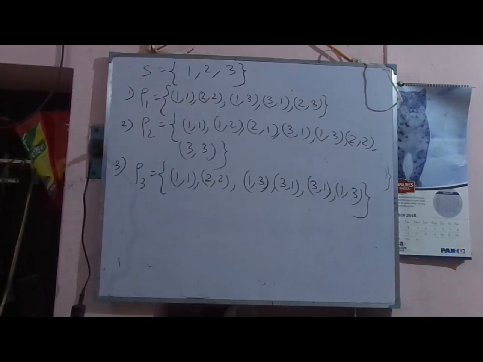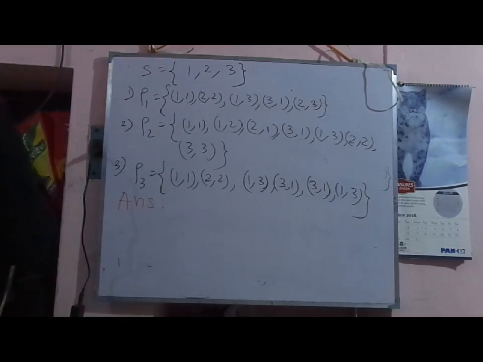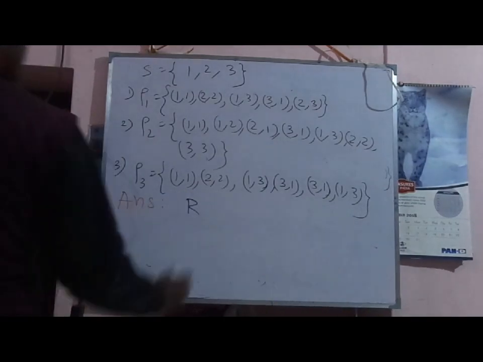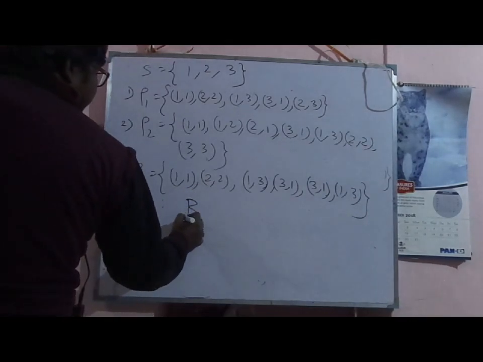At first, number 1, we check. Because here (1,1), (2,2) belong to rho, but (3,3) does not belong to rho. Now this is not reflexive.